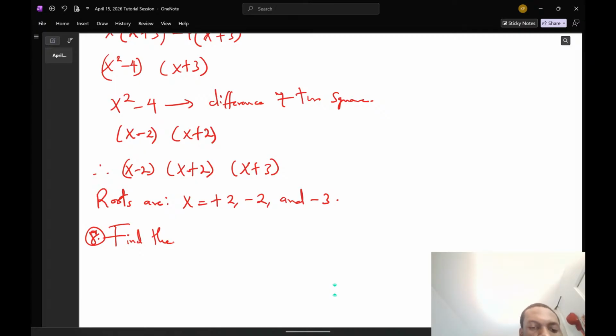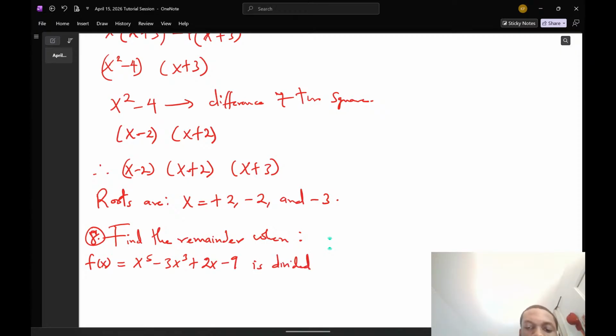Find the remainder when f of x is equal to x raised to power 5 minus 3x cubed plus 2x minus 9 is divided by x minus 2. Okay.